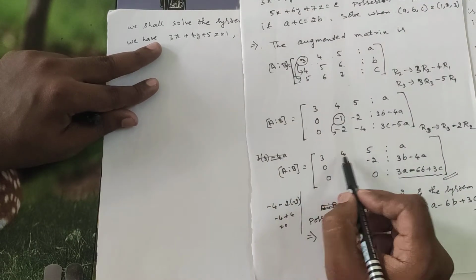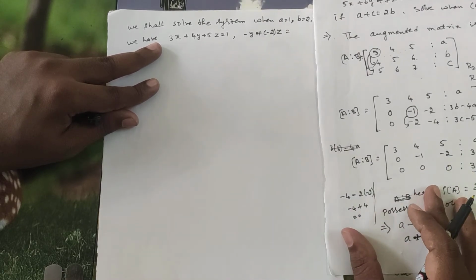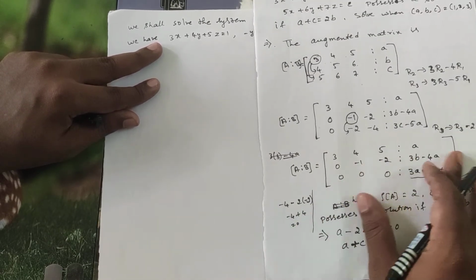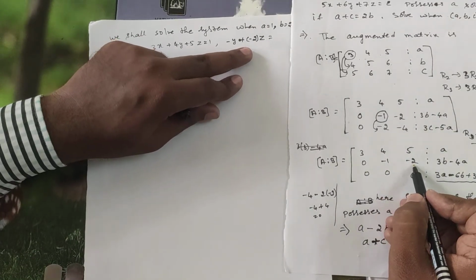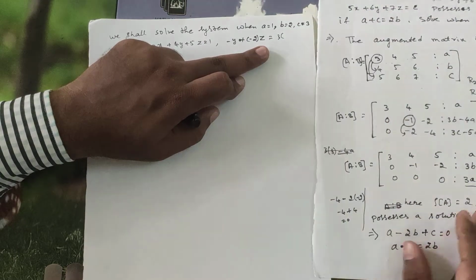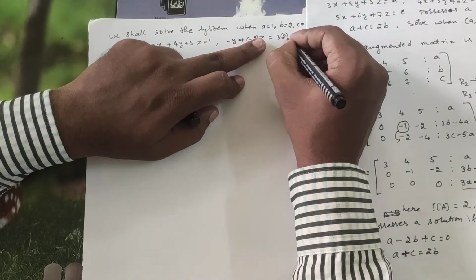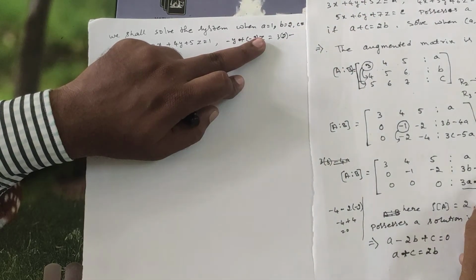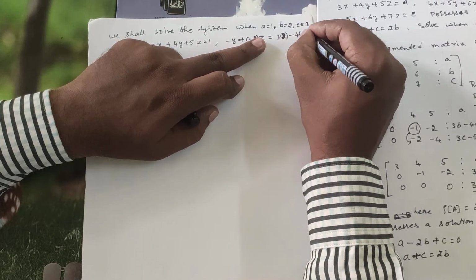This is what we are doing for the system of equations. Okay, so remember that one. So here also, minus y plus minus 2z equals, 3 into 3B minus 4A, B is 2, 2 minus 4A, this value is 1.